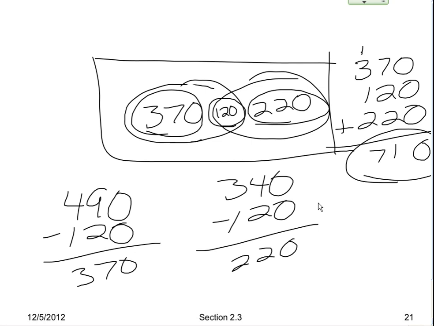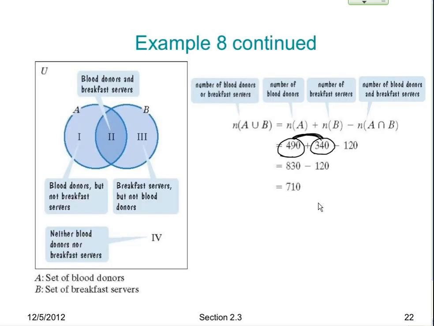Now, without going to the trouble of doing a Venn diagram, you can get the same answer. We have the blood donors, we have the breakfast servers, but these two numbers include those willing to do both, and we've got it twice. So, to get an actual count, we do the blood donors plus the breakfast servers, but we have to take off one of the 120s.